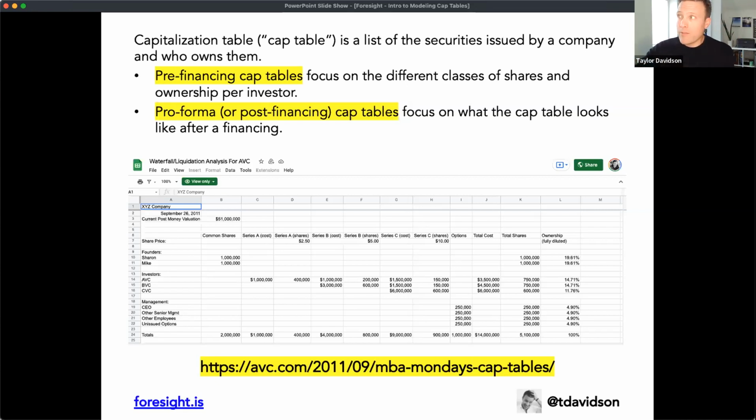The example I have here is one really good way to lay out the financings. This was done by Fred Wilson a long time ago, but it's still very valuable. The link there still works, and you can download this spreadsheet. What's nice about it is you can see the investors going down in rows, and then across in columns, the number of shares each one owns.